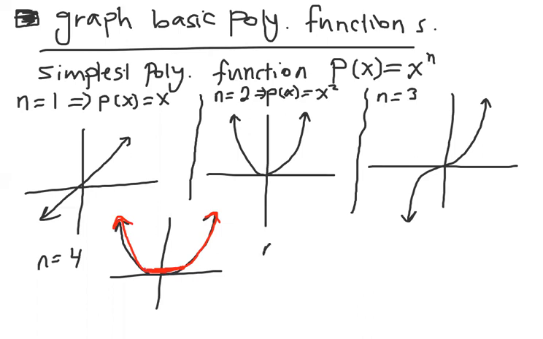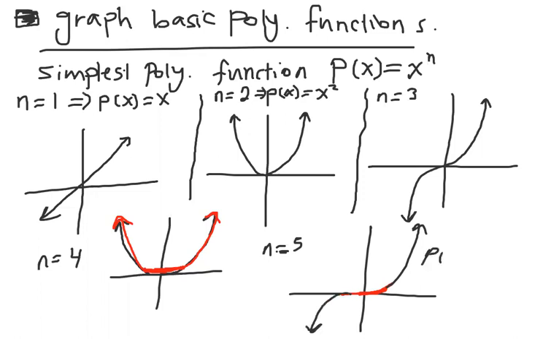And when n equals 5, it's the same as n equals 3, but around the 0 it's a little bit more open, like that. This is p of x equals x to the 5.